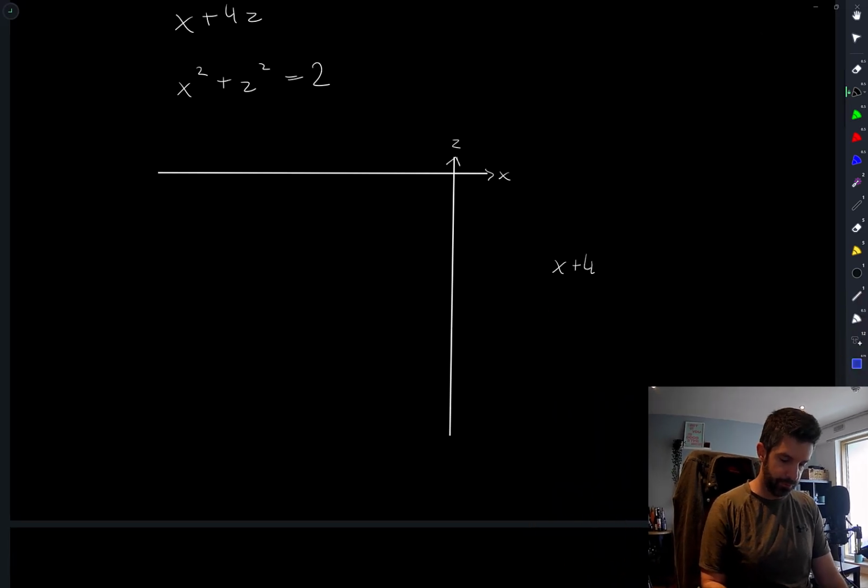So I have x plus 4z is equal to a constant. I'll write this as z is equal to c minus x divided by 4. So when x is 0, z is c over 4, and we have a slope of negative 1 over 4.